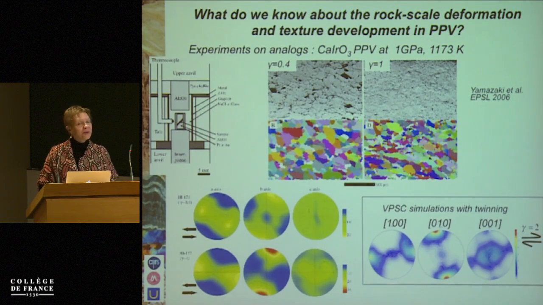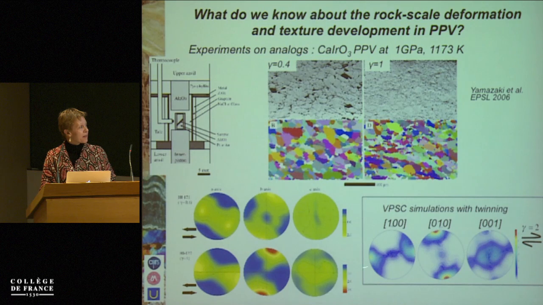If you try to compare with data on analogs, so other compounds that have a post-perovskite structure, such as calcium iridium oxide, which has the post-perovskite structure at ambient conditions, we can do the experiments in a usual way. We do the experiments in the lab with bigger samples and lower pressures and lower stresses.